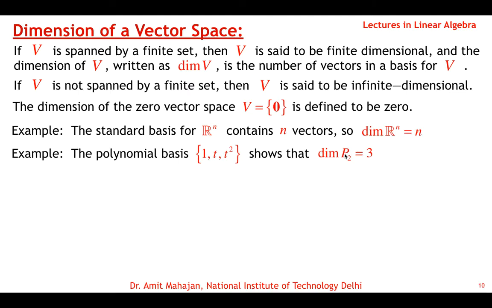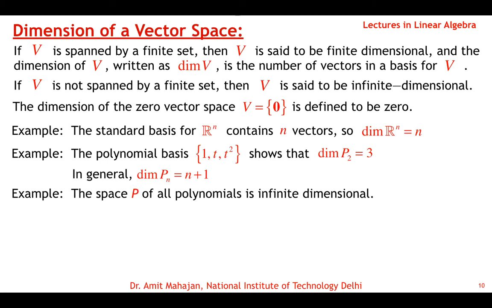So in general, the dimension of Pn is n plus 1, where Pn is the set of polynomials of degree at most n.